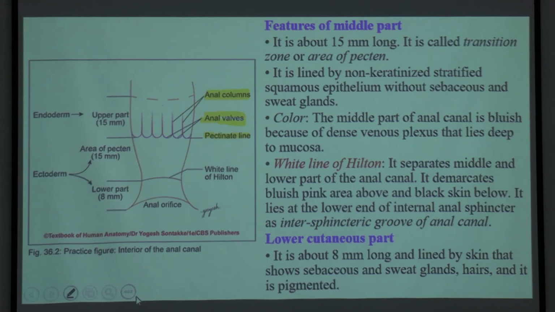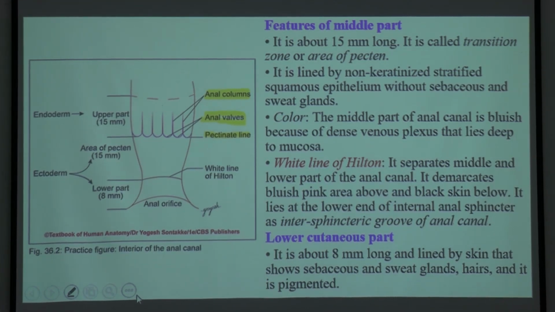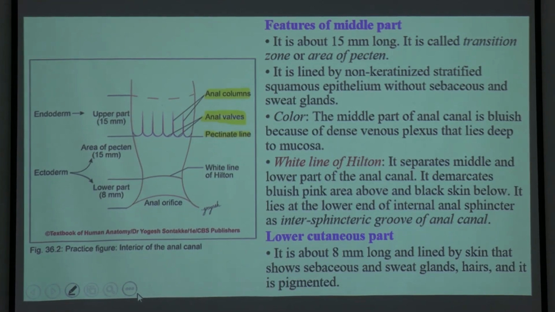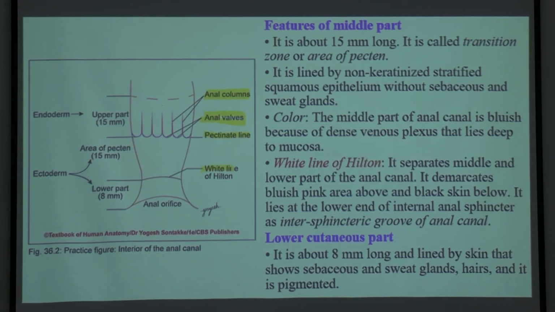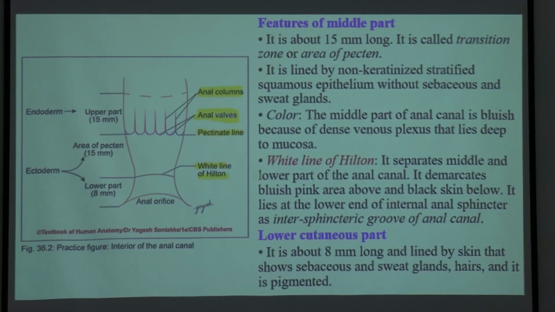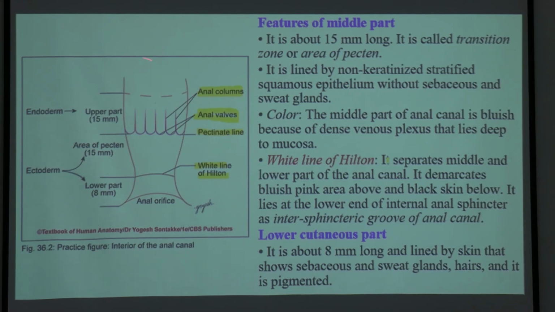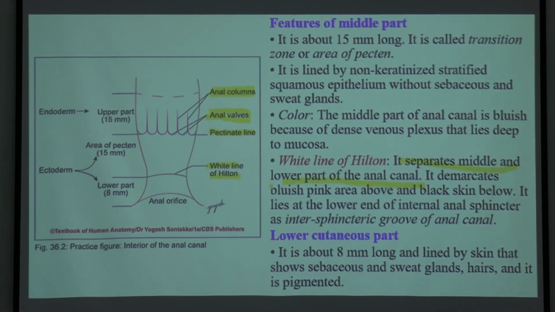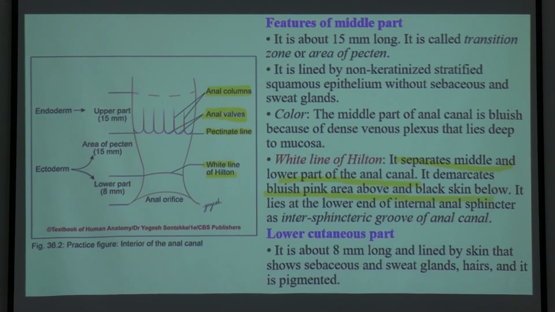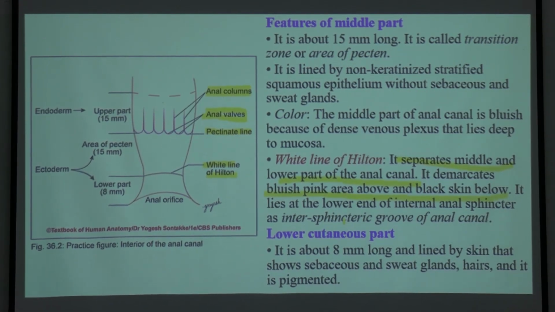The somatic nerves will supply here. Somatic means which is in our control. Why? The part above this area develops from the endodermal cloaca.